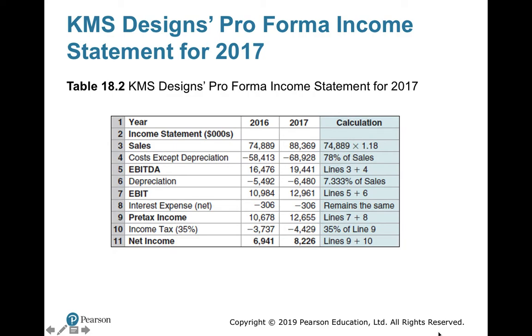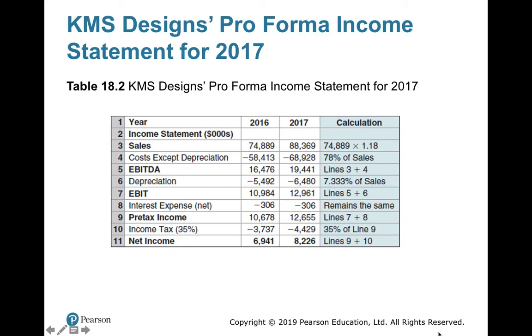EBITDA: 88,369 minus 68,928 is equal to 19,441. Depreciation, 7.333% of 88,369, that is the new sales, is 6,480. EBIT: 19,441 minus 6,480.